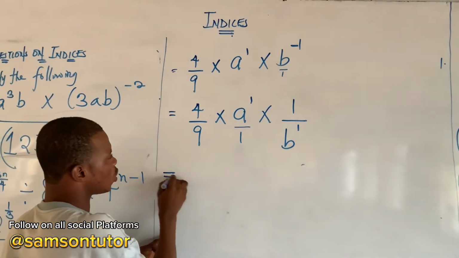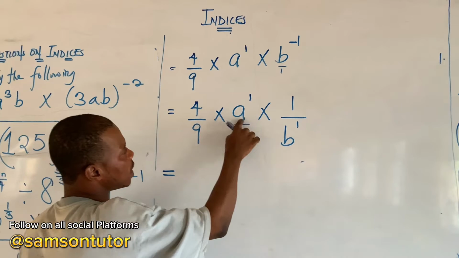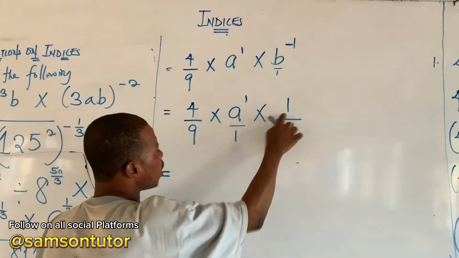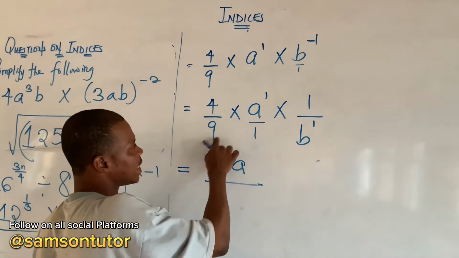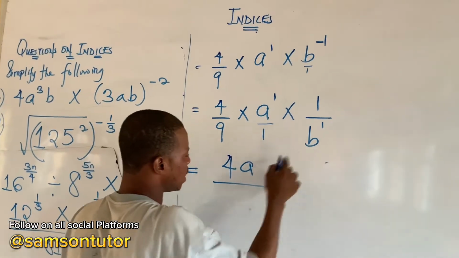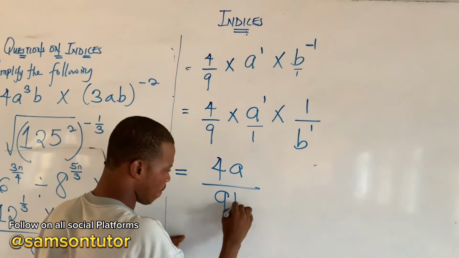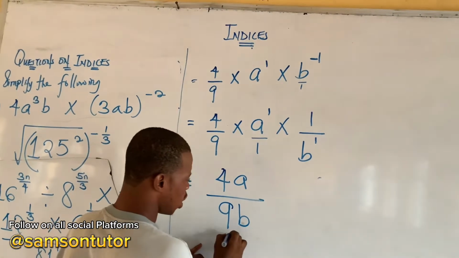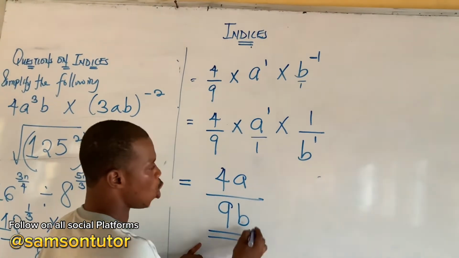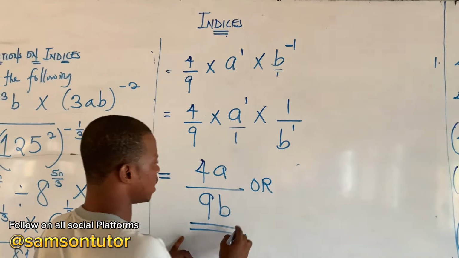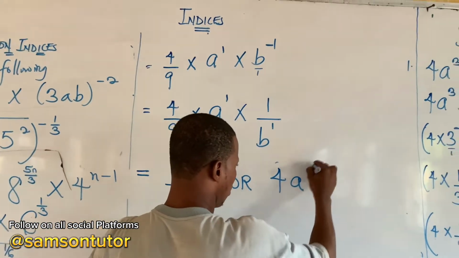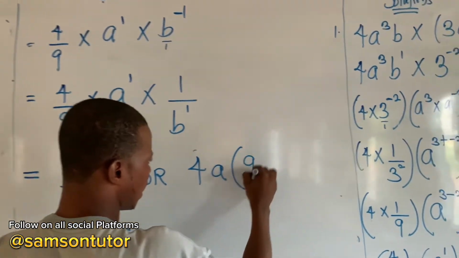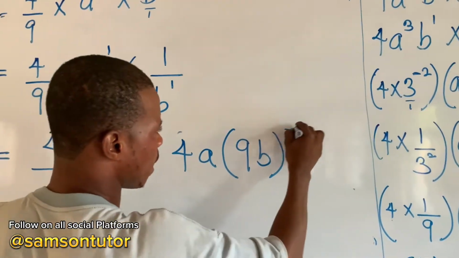So in this instance, equals to, 4 times a times 1 will give us 4a all over 9 times 1 times b will give us 9b. So this is our answer. Or you can write the answer like this as 4a all in brackets 9b raised to power minus 1.